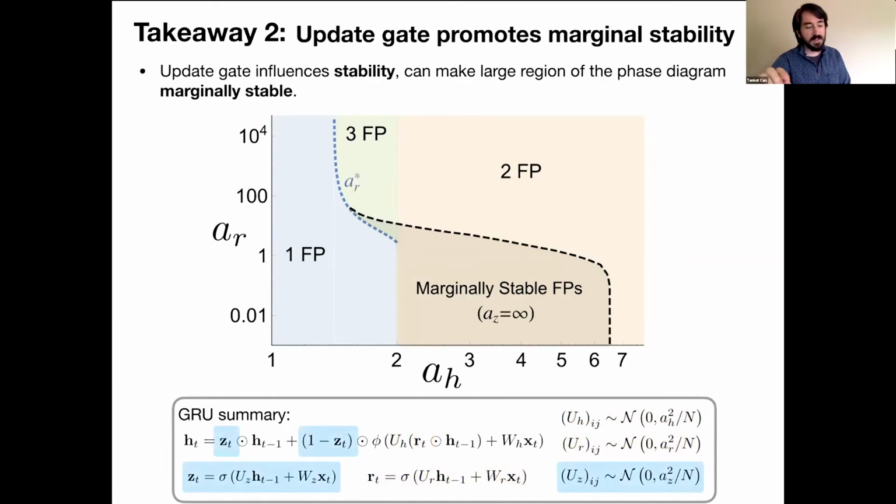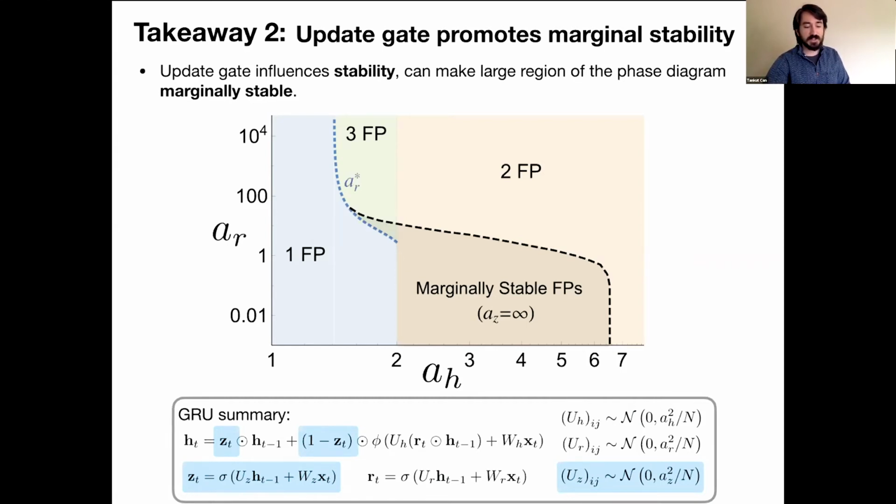Remarkably, the update gate, the Z gate that controls the timescales, does not influence the structure of the phase diagram at all. However, there's a really large region of the phase diagram, in this yellow region, which is technically unstable, but which the update gate can render marginally stable.